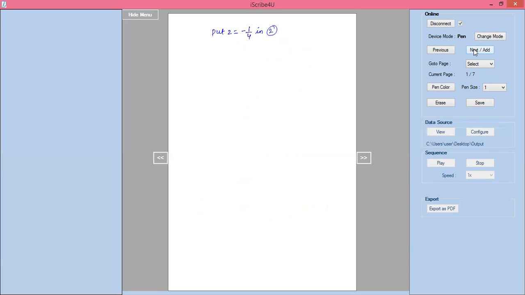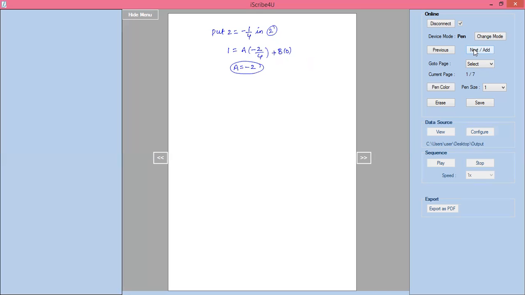We will get 1 equal to a into (minus 1/4 minus 1/4), which is minus 2/4, plus b into (minus 1/4 plus 1/4), which is 0. So minus 2/4 means a equal to minus 2. The a value should be minus 2.